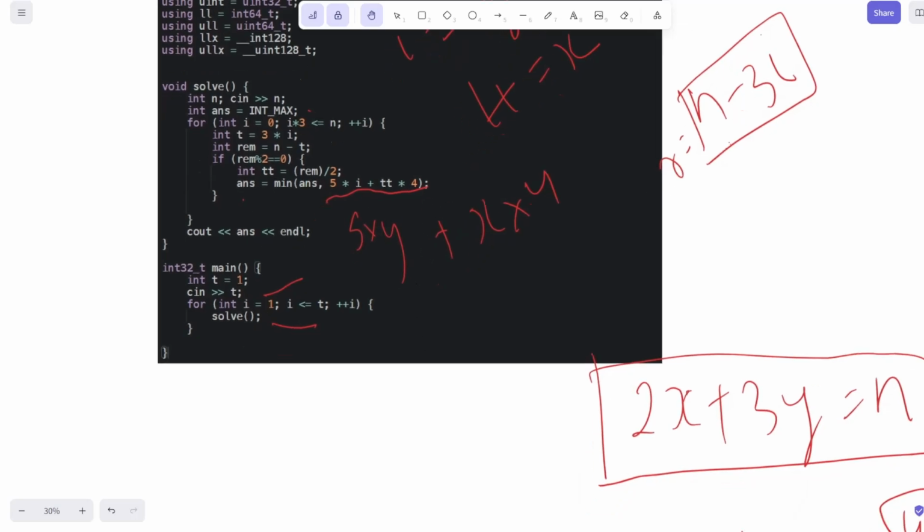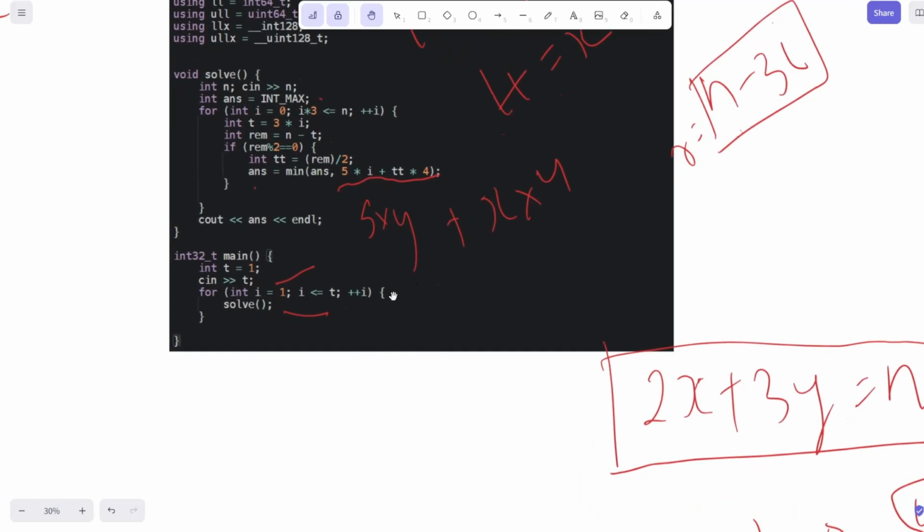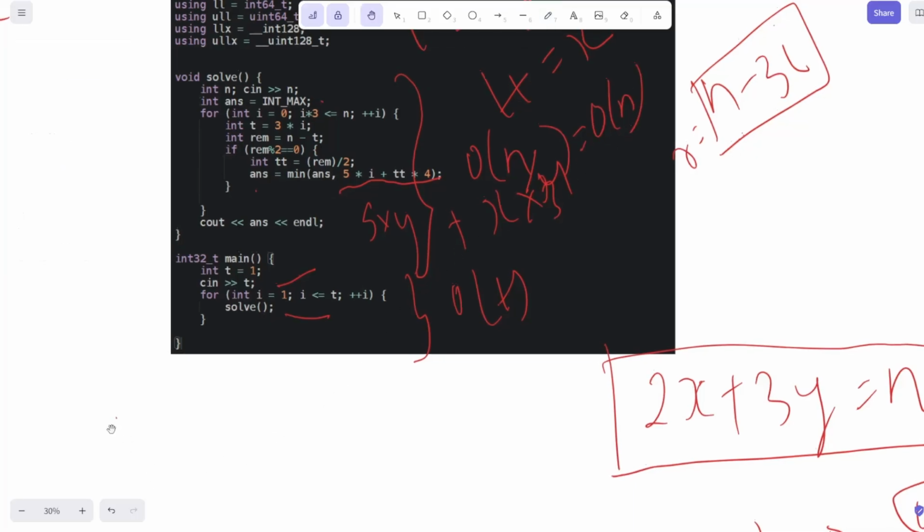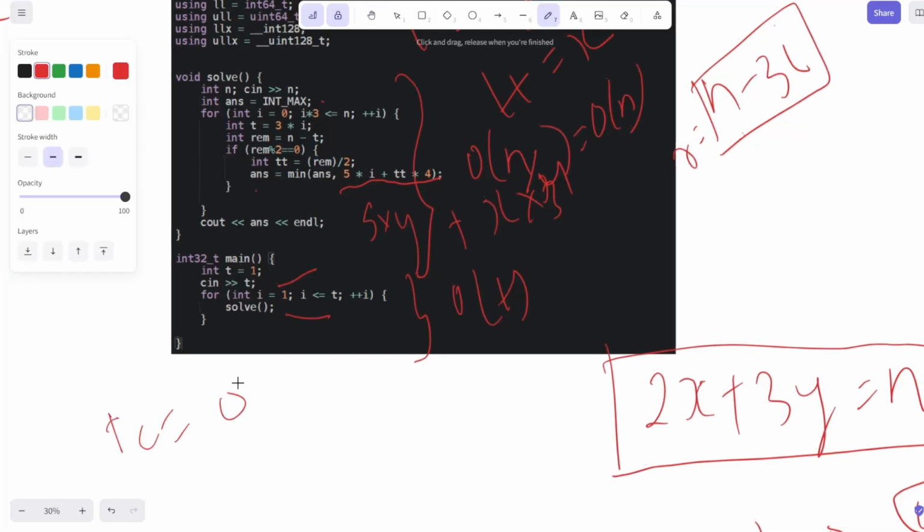It's pretty straightforward. So finally, let's see the time and space complexity as well. The solve function takes O(n by 3), or simply O(n), and the loop over test cases gives t, so the overall time complexity will be O(t times n). The space complexity will simply be O(1).